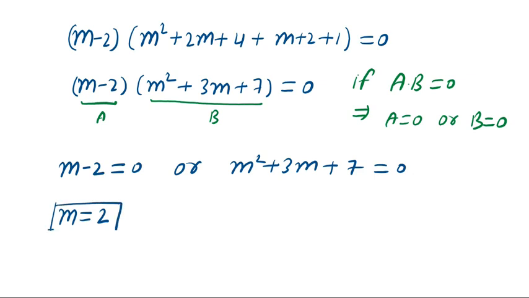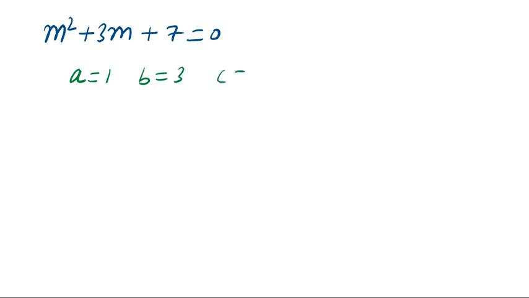Now here we have a quadratic equation, m square plus 3 times m plus 7 is equal to 0. Here, first we will check the discriminant of this quadratic equation, because we will talk about only real solutions. The value of a is 1, the value of b is 3 and the value of c is 7.